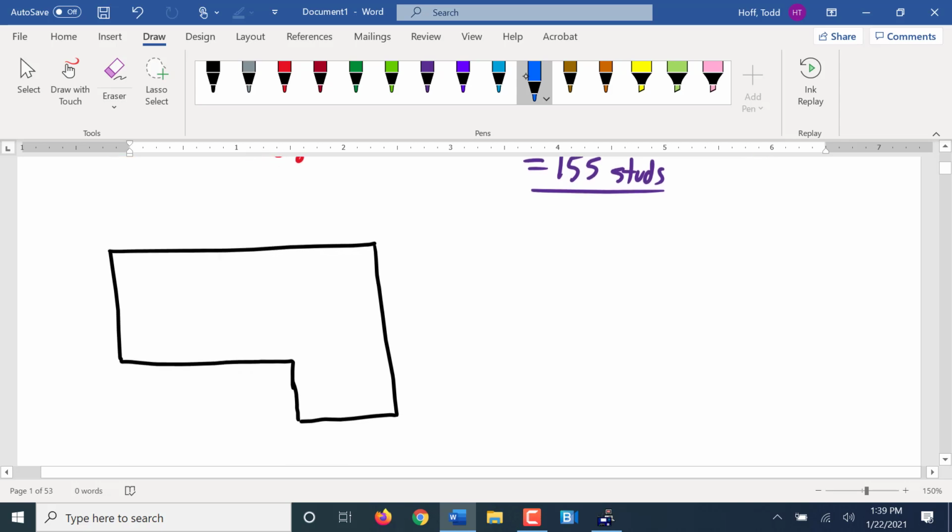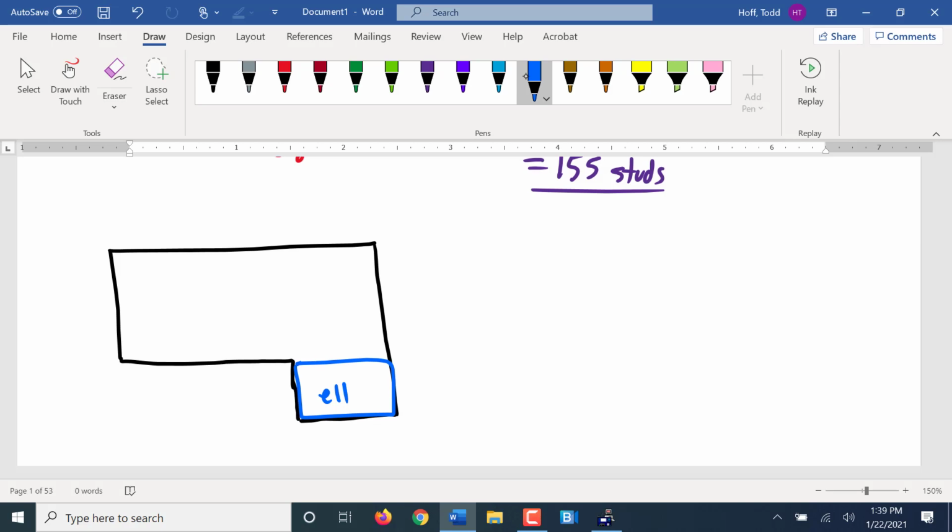And L is starting with the base of a ranch style house with a piece like this sticking off to the side. This piece is called the L. Let's put some dimensions on this.